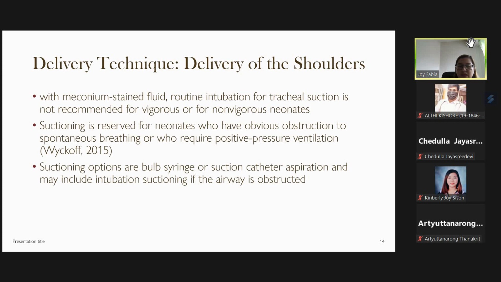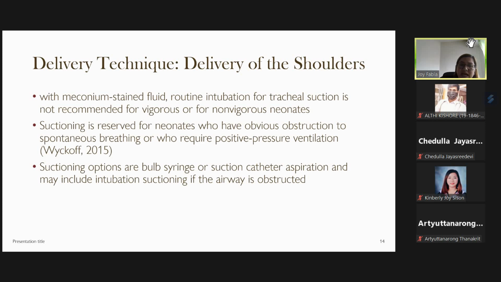So, when do we do the suctioning? Suctioning is reserved only for neonates who have obvious obstruction to spontaneous breathing or who require positive pressure ventilation, according to Wyckoff in 2015. Suctioning options are a bulb syringe or suction catheter aspiration, and may include intubation suctioning if the airway is really obstructed.